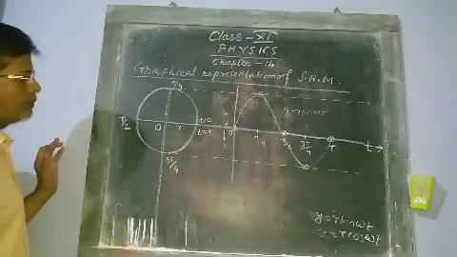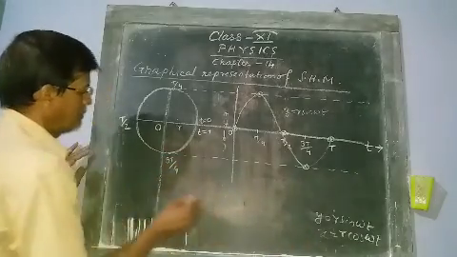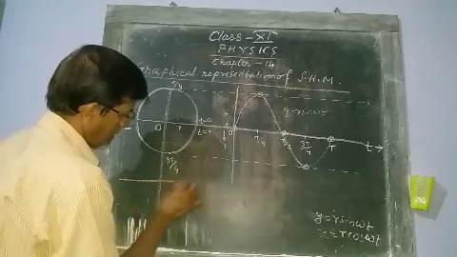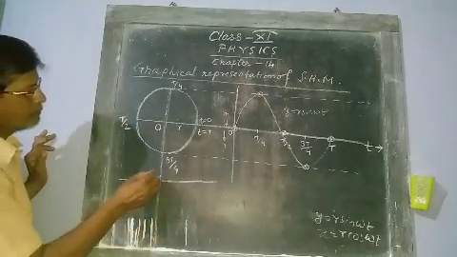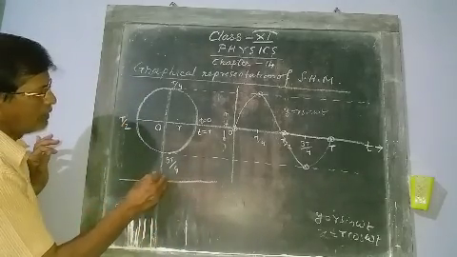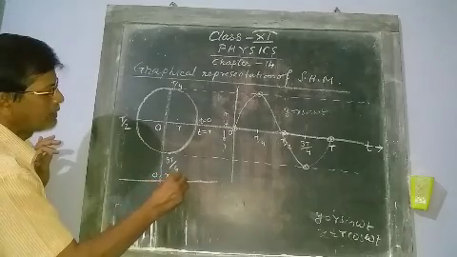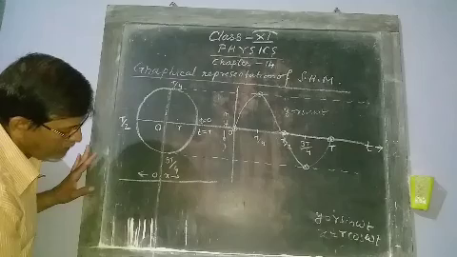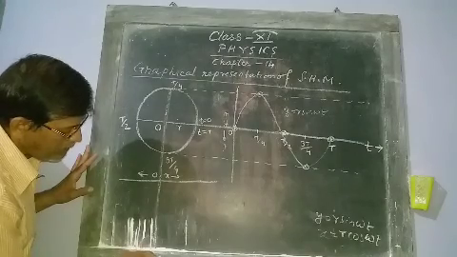Now, if you draw this curve, you see this is 0, x displacement in this direction, t.